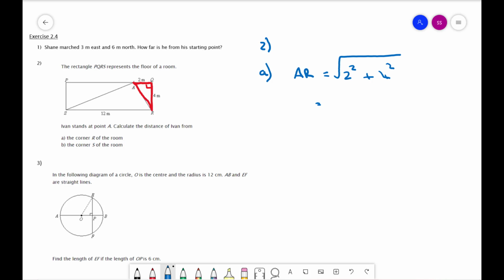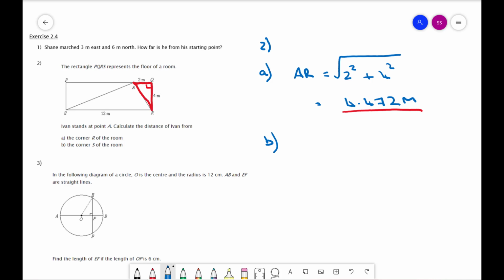So putting that through the calculator, 2 squared plus 4 squared square rooted of the answer gives us 4.472 metres. So that's the distance that Ivan is from the corner of the room at point R. So that's it for part A.